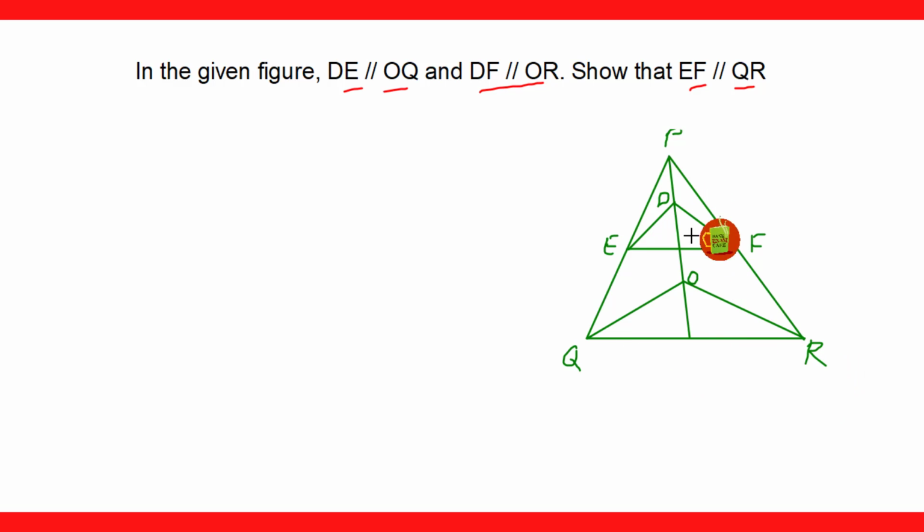So here in this triangle POQ, DE is parallel to OQ, and therefore PD upon DO is equal to PE upon EQ.